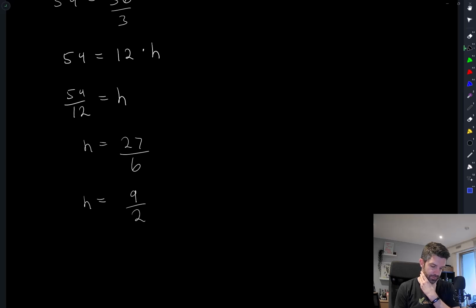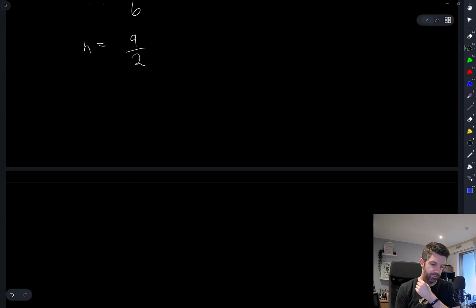Is that right? 54 divided by 6 is 9. 12 divided by 6 is 2. Okay, H is 9 over 2.